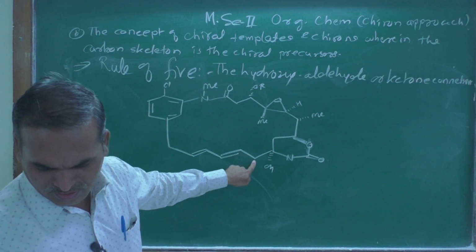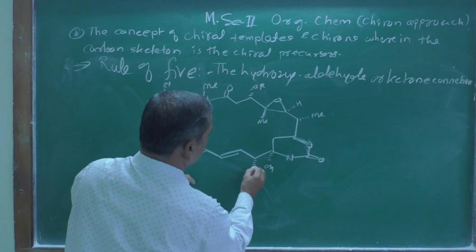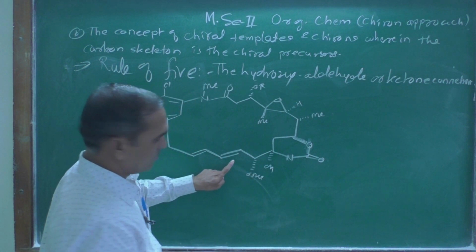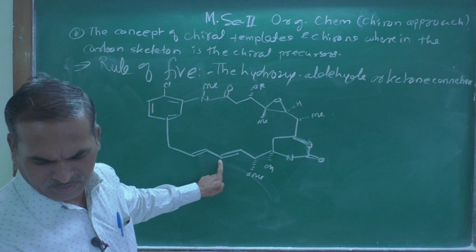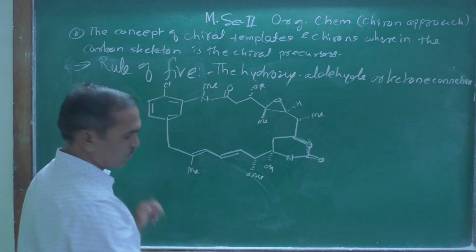At this junction there is an OMe group which is below the plane, and at this carbon atom nothing is there, and here is a methyl group.